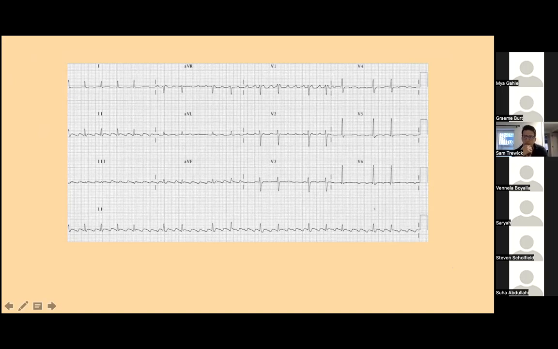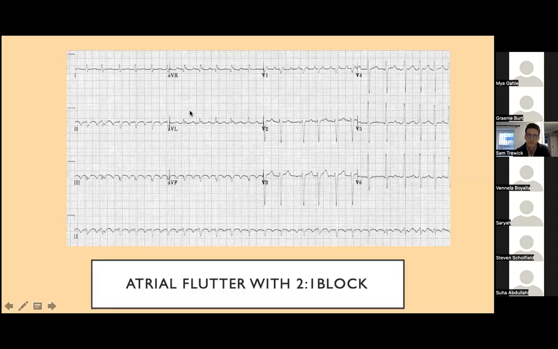Just before Sam, it might be useful, just because axis is not something we tend to go into too much detail with at medical school, because it's quite harsh to ask about axis in exams in med school anyway. But it might be wise just to see why there's axis deviation in that last one. Absolutely.